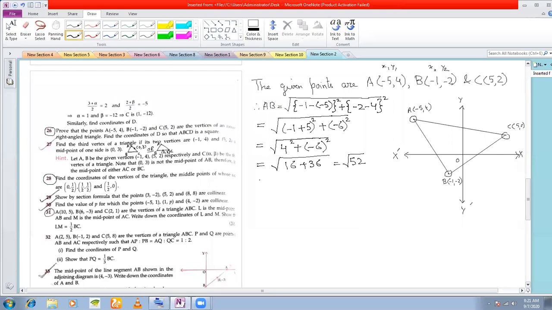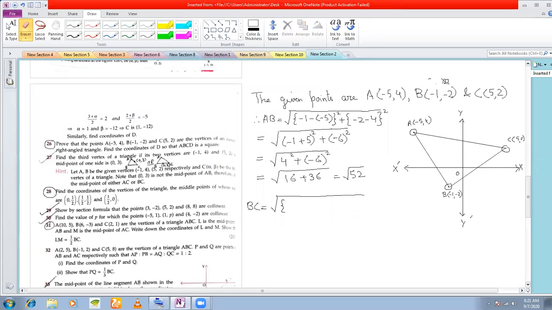Next is BC. Find out the distance BC. In order to find BC, you consider this as your x1, y1 and this as your x2, y2.